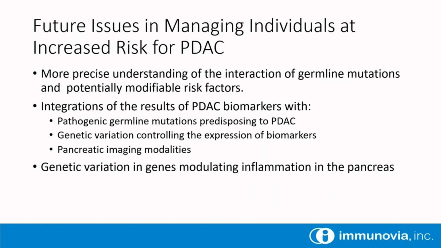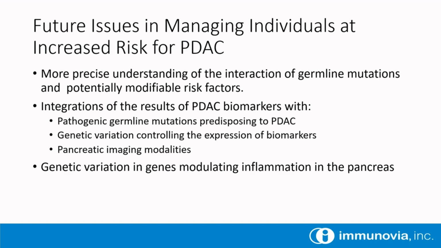I wanted to finish by saying that I think that the framework for evaluating patients at risk for pancreatic cancer is really starting to change. I think a more precise understanding of the interaction of specific germline mutations with potentially modifiable risk factors such as smoking and obesity is going to allow a more precise evaluation of risk.